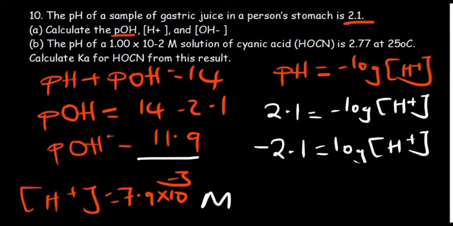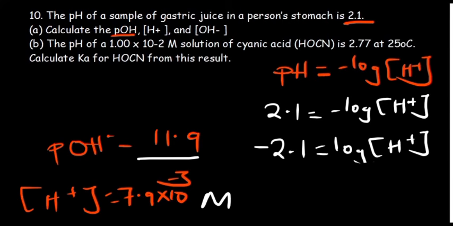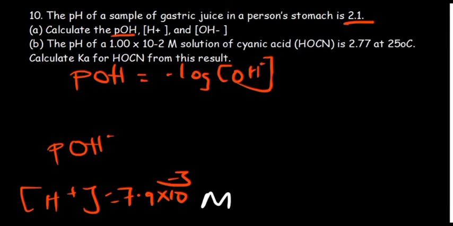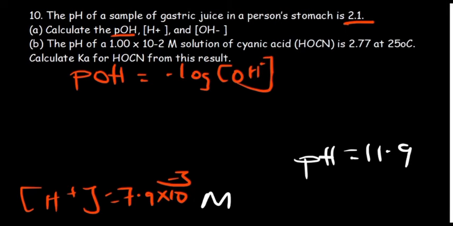The same concept can apply as we find the hydroxide concentration. We're going to work with the value of our pOH that we found. Our pOH is the negative log of the hydroxide concentration, and don't forget our pOH is 11.9.